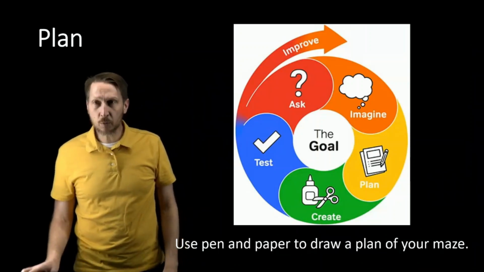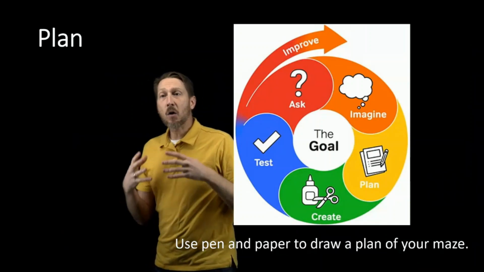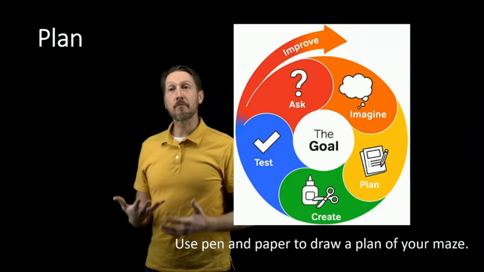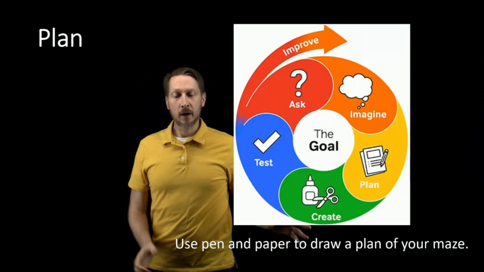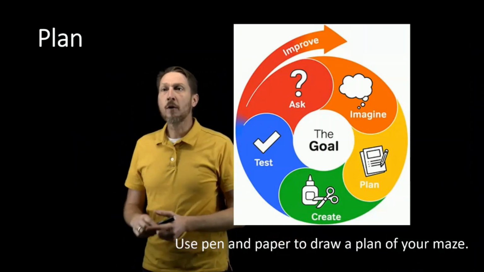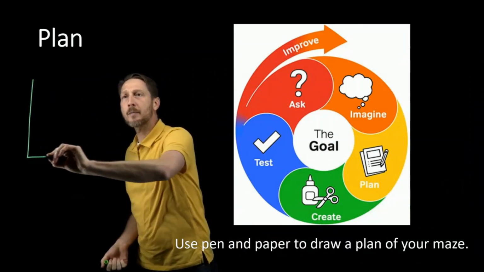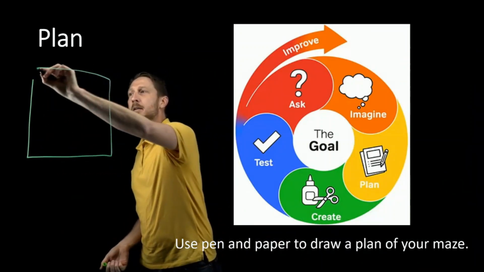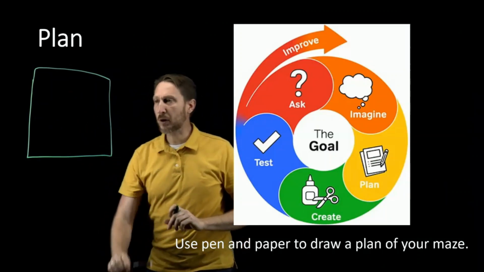First thing we're going to do, we're going to think about the plan. How are we actually going to create our maze? What I want you to do is get a pen and paper and draw out a plan for your maze. The way I'm going to do mine, let's say here's our area, and we have our Scratch character.